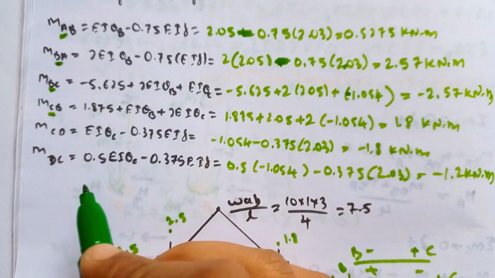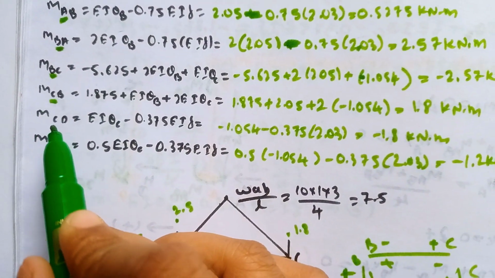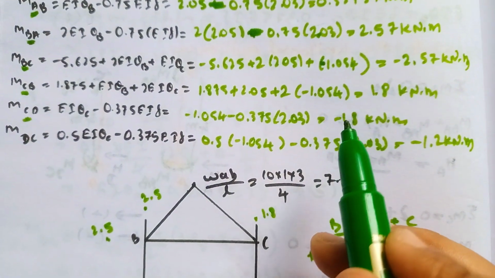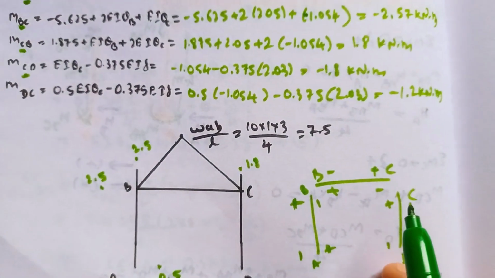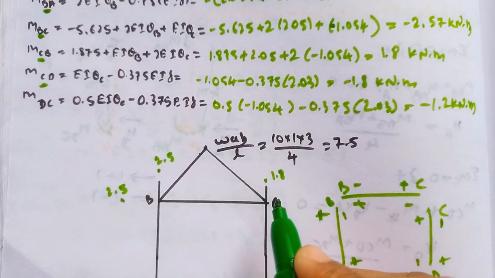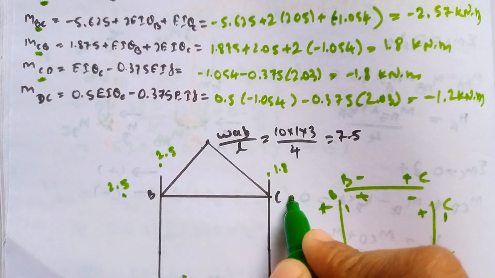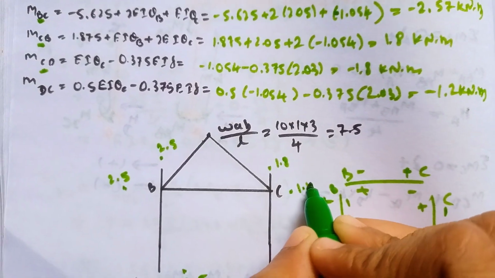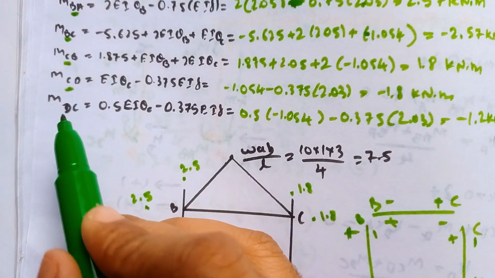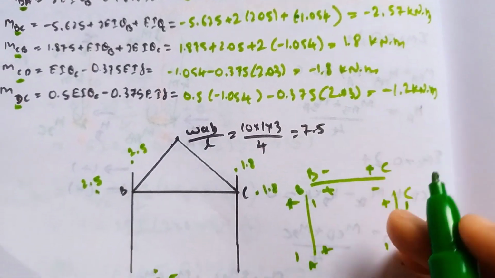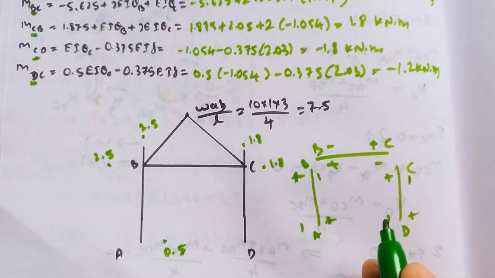1.8. For MCD, first point is C. Value we got was minus 1.8. Minus means at point C it comes below the neutral axis, it means it comes here, minus 1.8. And similarly here MDC, first point is D. Value is minus 1.2.